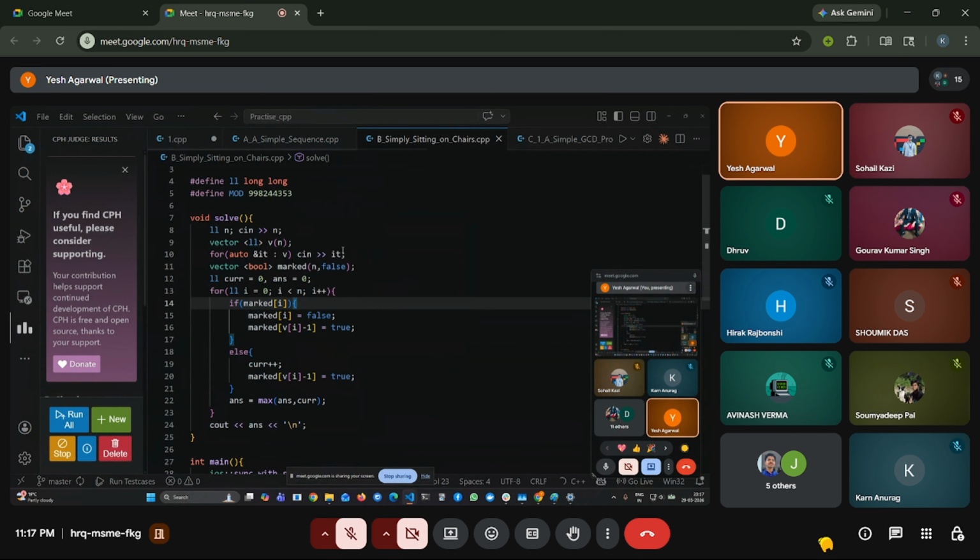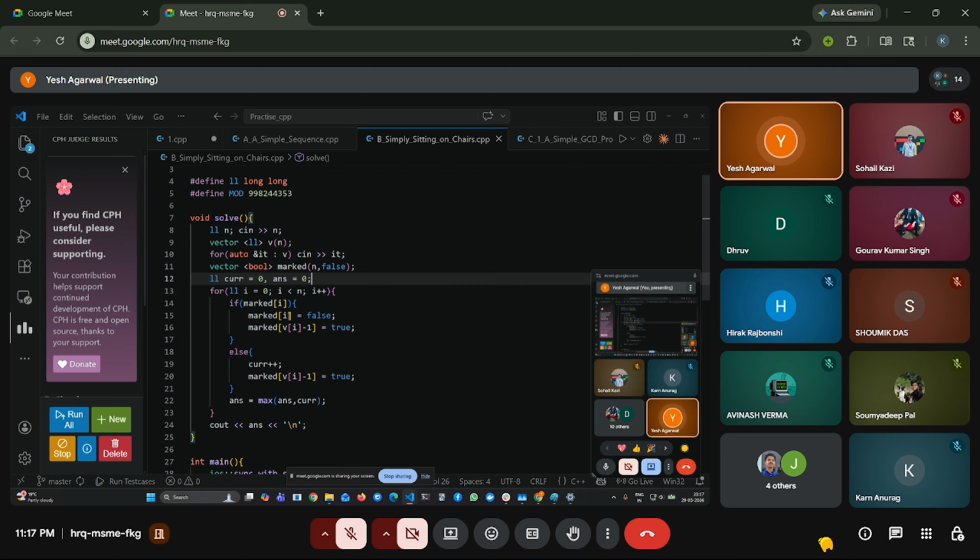Right. So this is the code for it. First of all, it takes in the input, and then this is the mark array, where initially none of the chairs have been marked. Since I'm using zero-based indexing, that's why I've used -1. Then the current number of chairs that have been sat on, and the maximum that were sat on in any series of operations.